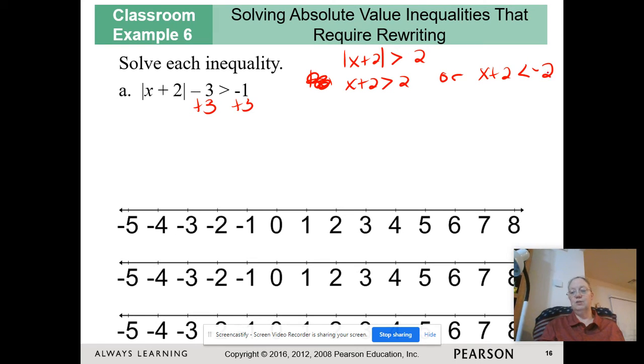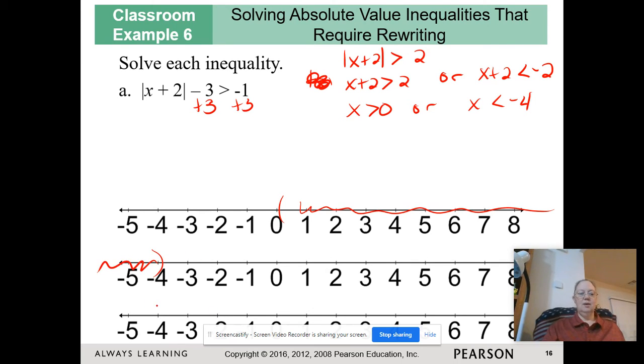Reverse the symbol, reverse the sign. OR. All right, so we've got greater than 0. We've got less than -4. And I need both of them.